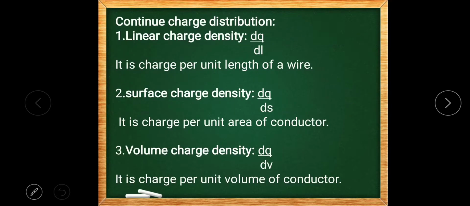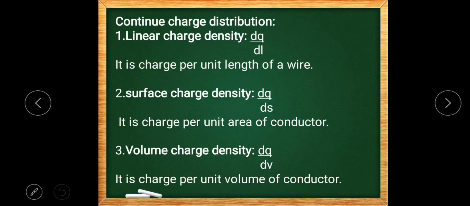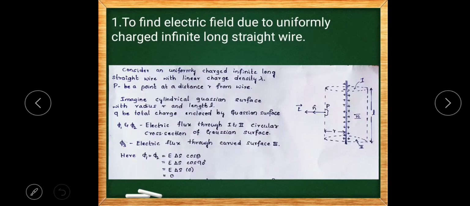Okay, right. Now imagine a cylindrical Gaussian surface. I explained in an earlier slide that the Gaussian surface is an imaginary surface containing the charged body where Gauss law is applied. Here also, just imagine the cylindrical Gaussian surface with the radius r and length L. Now Q be the total charge enclosed by the Gaussian surface.